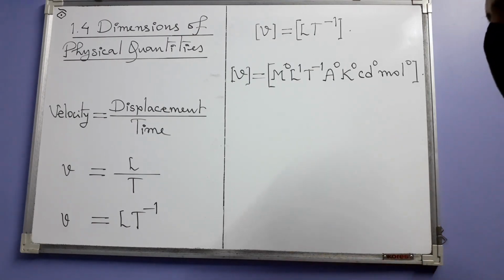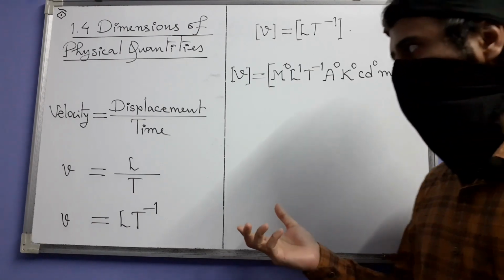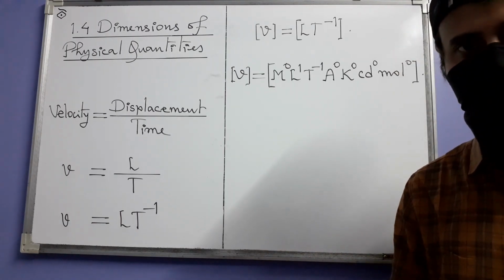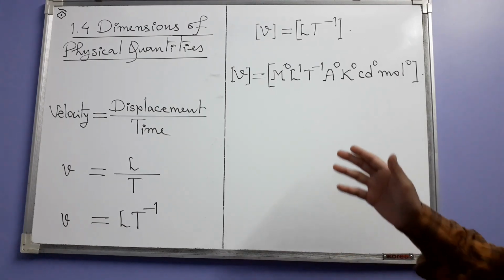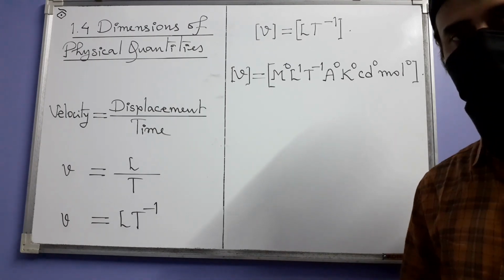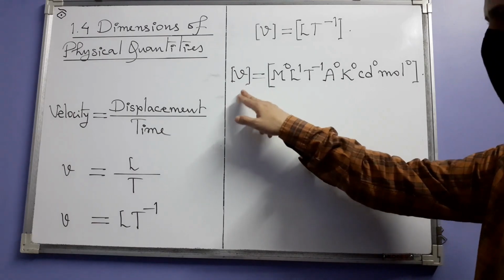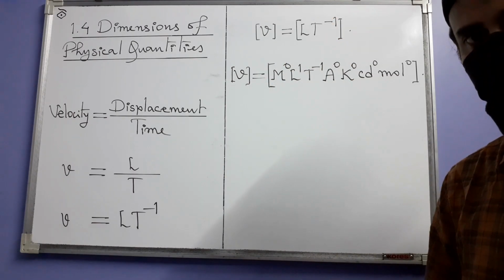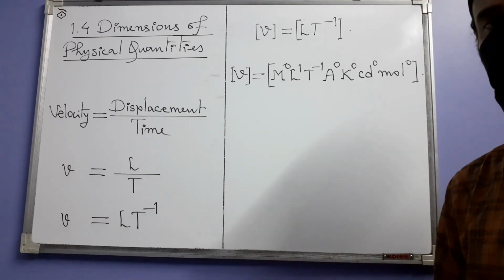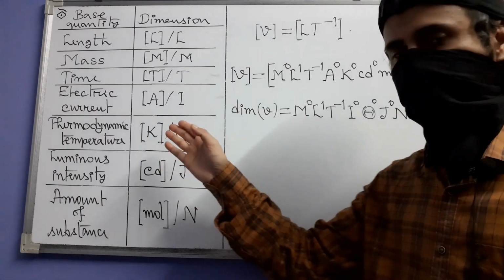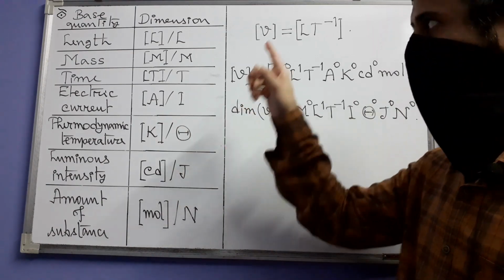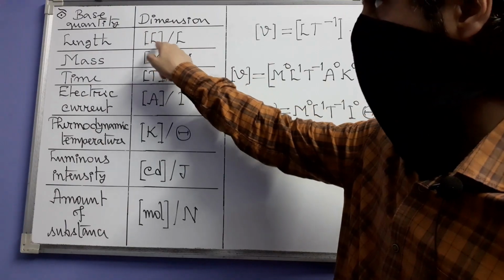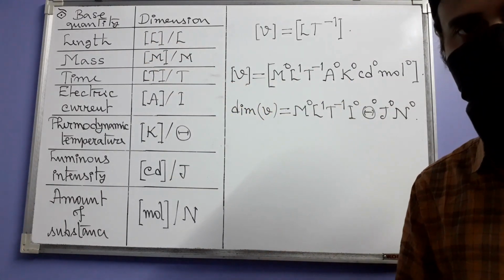So let us now see the dimensions of actually the base quantities first, because it is in terms of the base quantities that we have derived quantities. So just like a derived quantity has a dimension, base quantities themselves also have dimensions. So let us see that next. So these are the 7 base quantities and their dimensions. The dimension of length is capital L within square brackets.